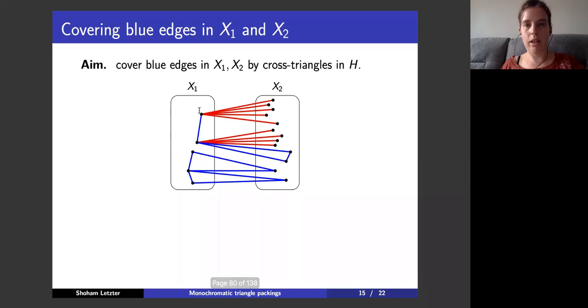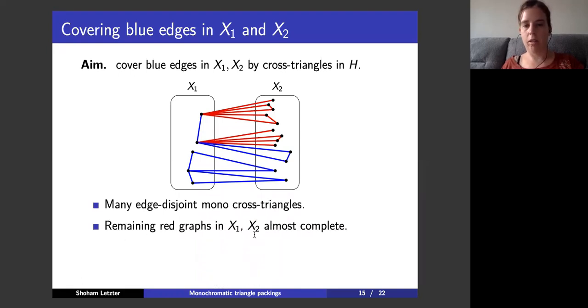So together, the two vertices have a large red neighborhood. Now, if I look at these red neighborhoods, since X2 has few blue edges, then these guys should have large red matchings. And then altogether, this gives me quite a few edge-disjoint monochromatic cross triangles.